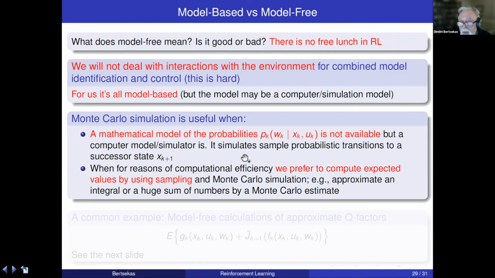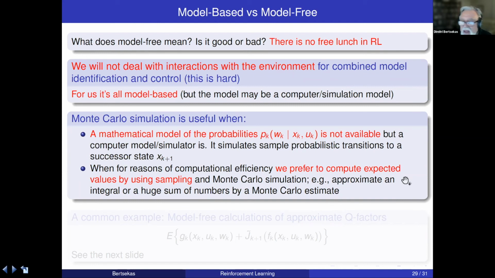Sometimes Monte Carlo simulation enters reinforcement learning for a different reason. You may have a problem that's perfectly deterministic. However, you may want to use Monte Carlo simulation in order to compute things like a large sum of numbers. That may be an overwhelming calculation, but you can use Monte Carlo estimation to approximate the sum of numbers.